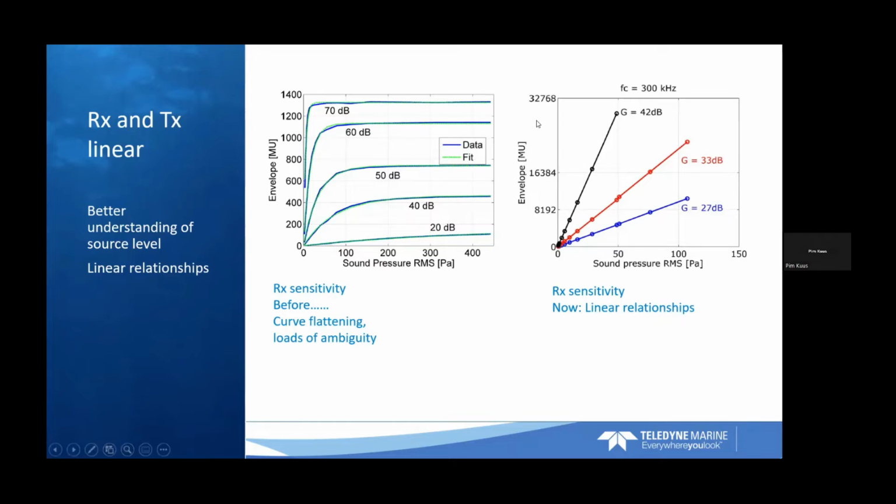So we have much more resolution now on that bigger dynamic range, and we have these linear relationships now. We can relate this back. It seems like a little thing, but it takes a lot of redesign of the receiver and the ceramics and all the signal processing in between as well.